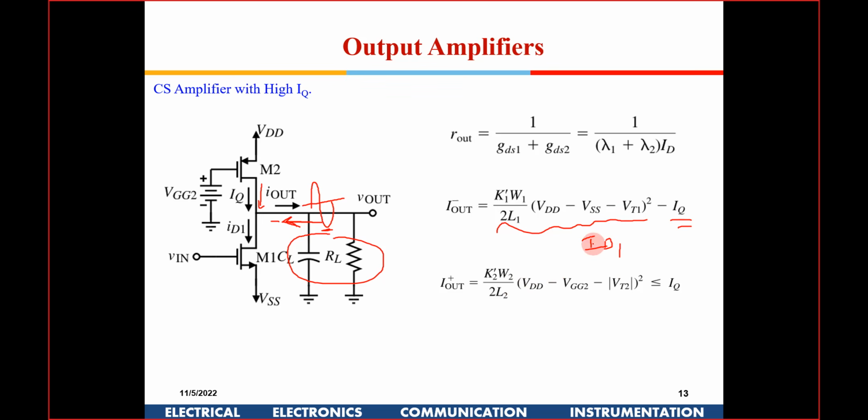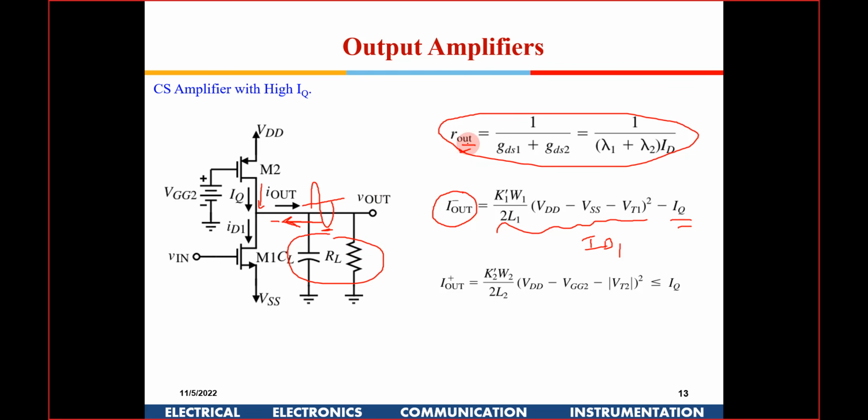Sir, now how to size this transistor? I'll come to you one second. For given that this is the maximum current, if that is the requirement, how to size this transistor? This transistor can be I out minus IQ. First I can fix the value of R out depending on RL.